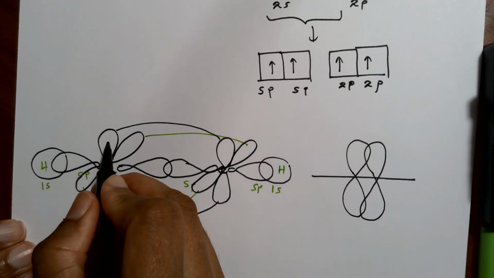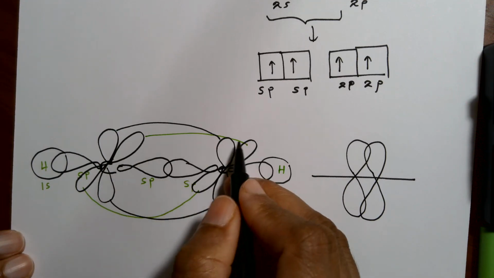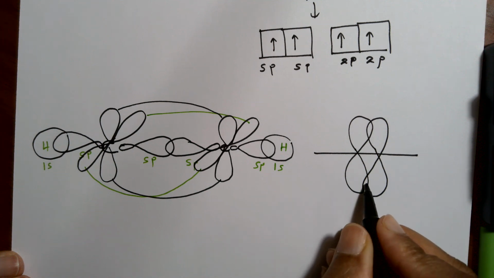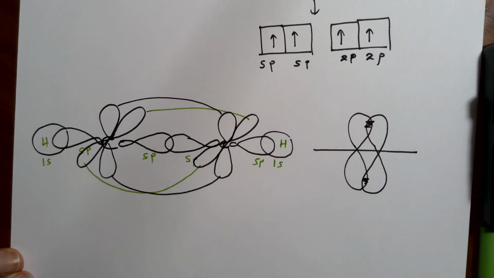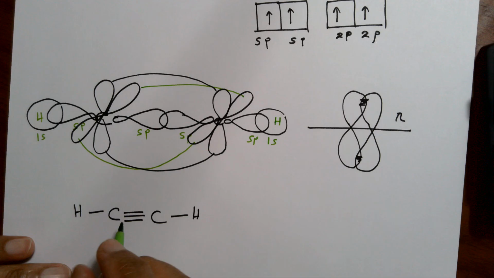So py and pz overlap partially above the plane and below the plane. They make pi bonds, two pi bonds. Therefore, in the acetylene molecule, now you can clearly see one sigma bond.